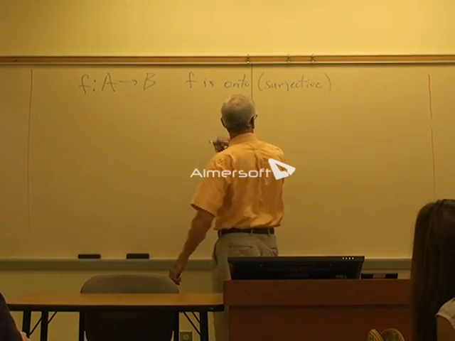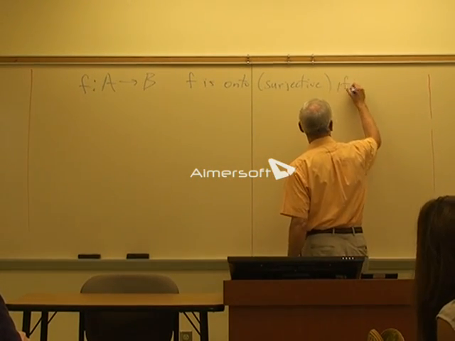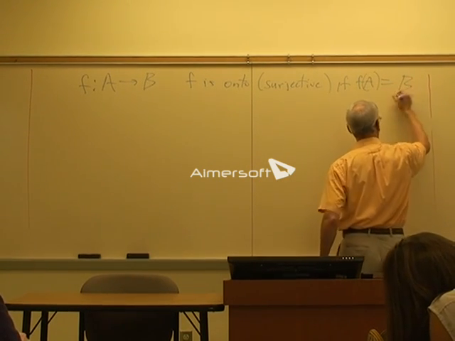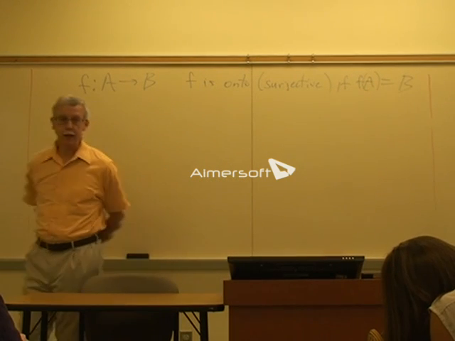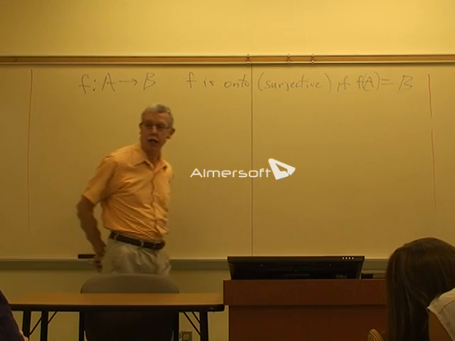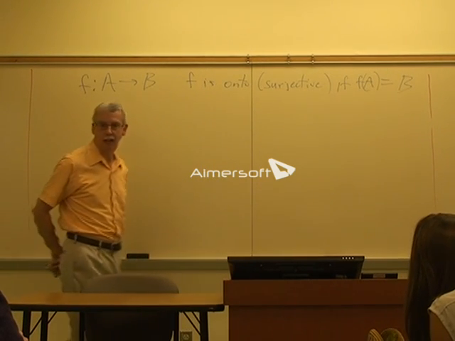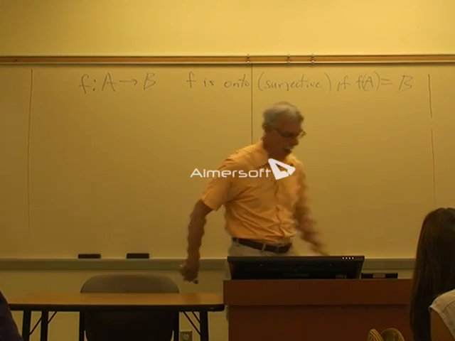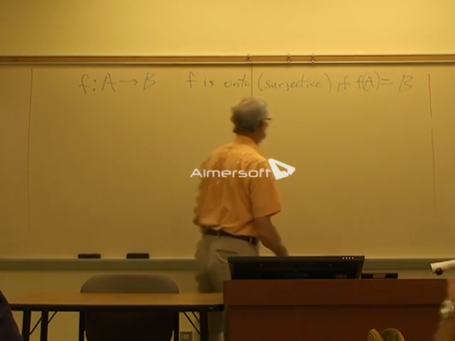Under what conditions? There's a real easy way to define this. If the image of A is B, that's what it means to be onto. I hit everything. I get to everything. But that's not the usual definition, because it's not a very good working definition.